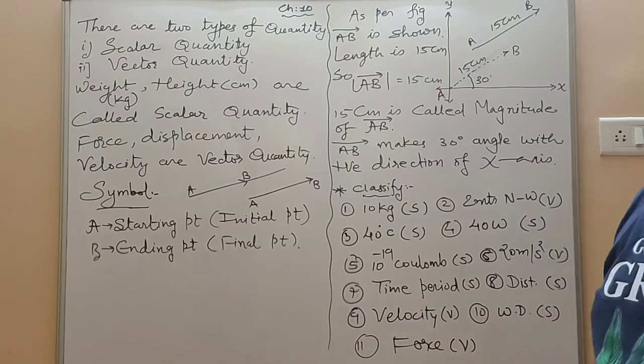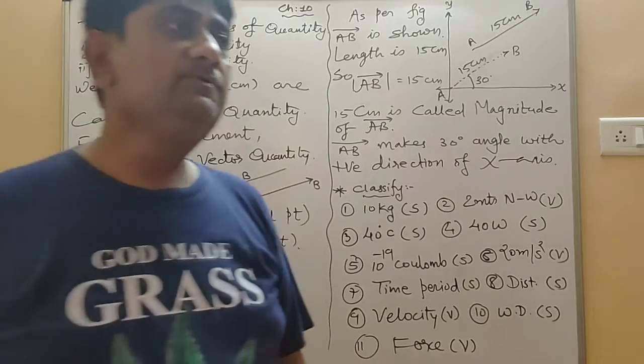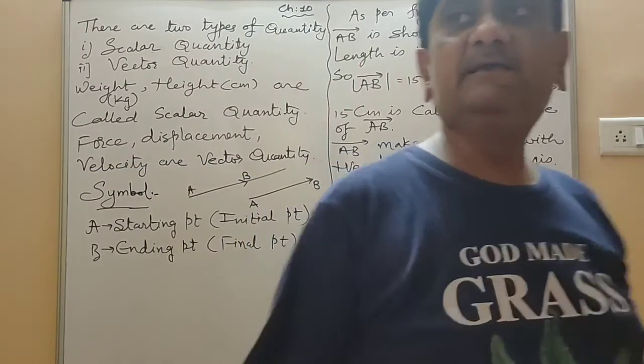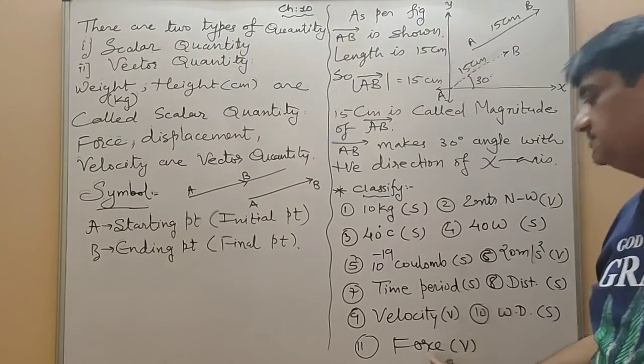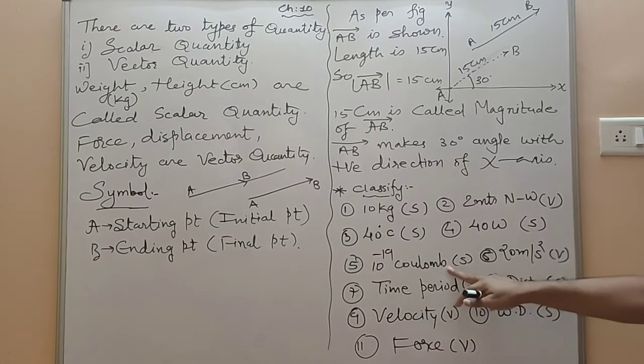You give force to the particle at A and it moves to B by giving some force. The unit of force is Newton, and coulomb is a unit of charge. So 10 raised to minus 19 coulomb, as you know in physics also, is a scalar quantity.